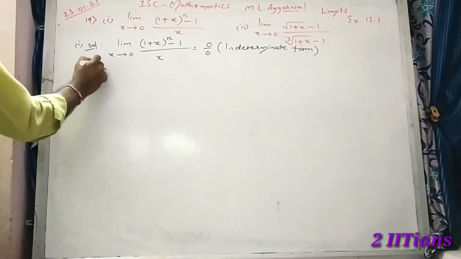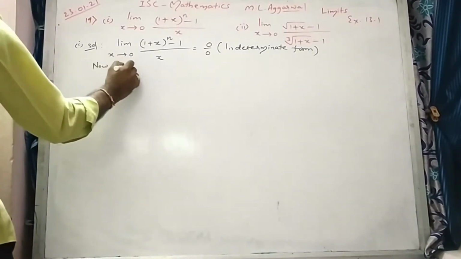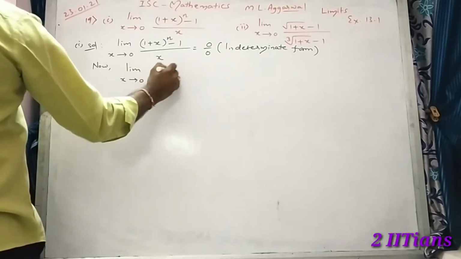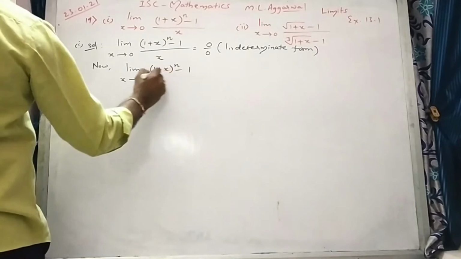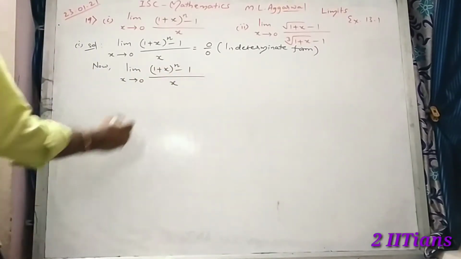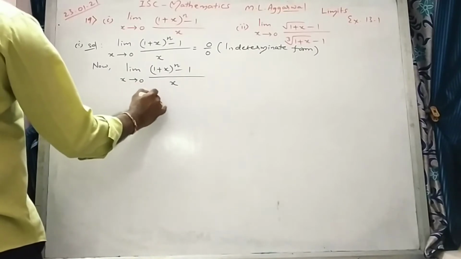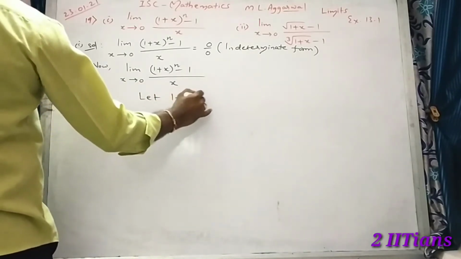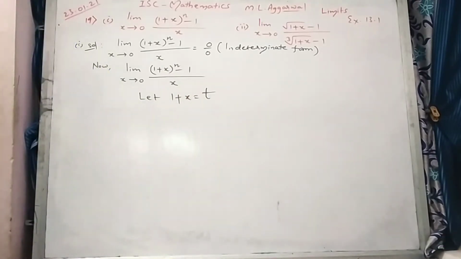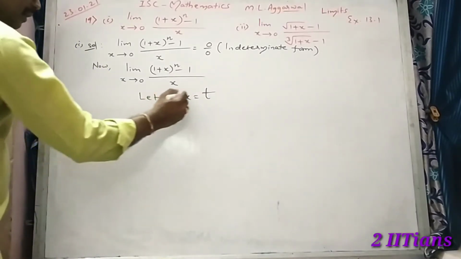Limit x tends to 0, (1 plus x) whole to the power n minus 1 upon x. This is the problem, right? For doing this problem, I am going to take 1 plus x as t. Let 1 plus x equal to t.